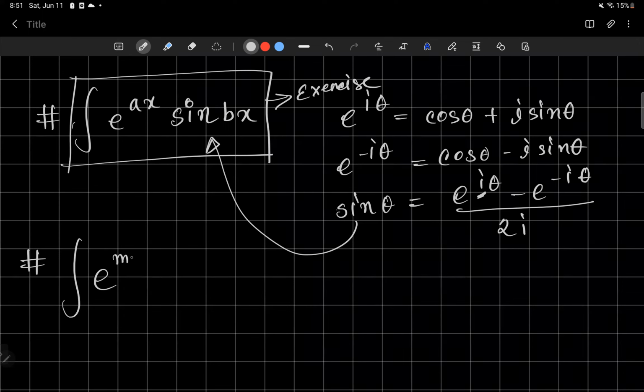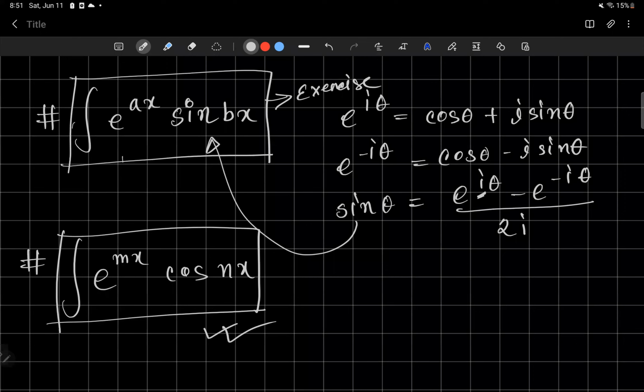Then there is e to the power mx cosine of nx. This is another thing I want you to do. These are some exercises. If you get stuck, you can always post it in general or talk to me after the class.